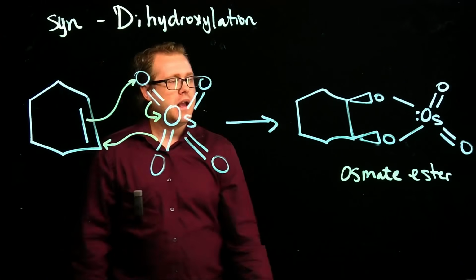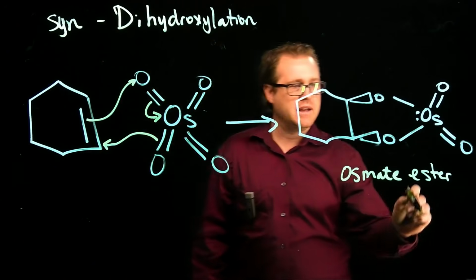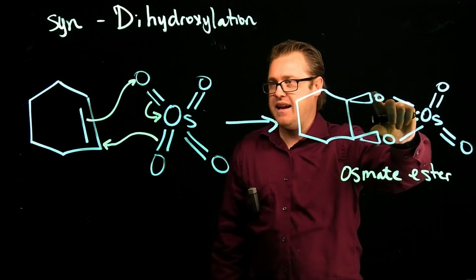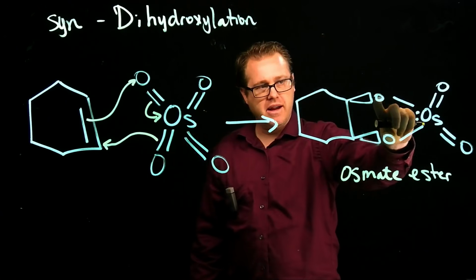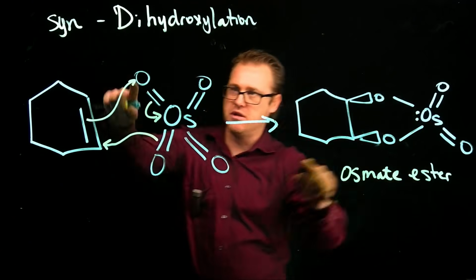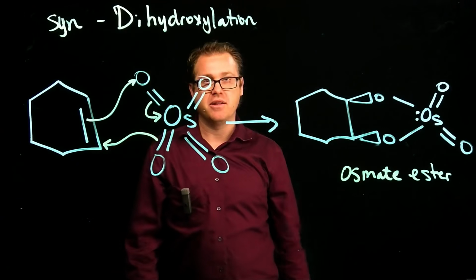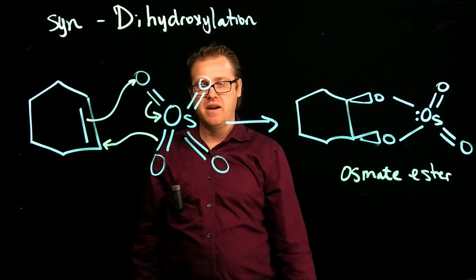Right? And so when we do that, do you see here, we added the lone pair there, and we added these 2 oxygens right here. So this oxygen and this oxygen are coming from these 2. Do you see how they've just attached on the same face in a concerted fashion?